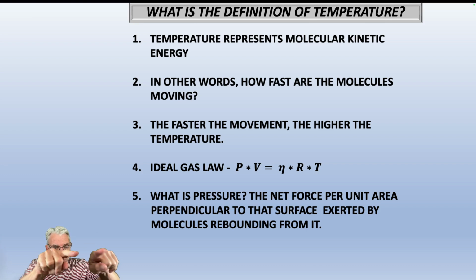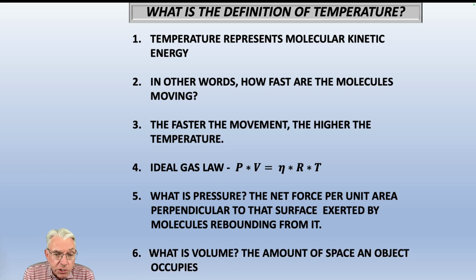So if you have a surface like this, then it would be the net force going right at that surface, 90-degree angle to it, perpendicular to that surface, exerted by the molecules rebounding from it. So the molecules are zipping along, they hit that surface at a 90-degree angle, they bounce back, and the number of molecules hitting that area at a 90-degree angle is basically what pressure is. Okay, and then what is volume? Well, that's the amount of space that an object occupies, or a gas.